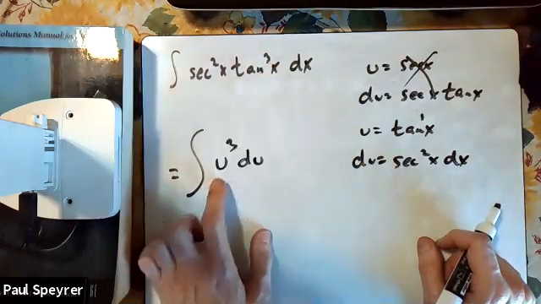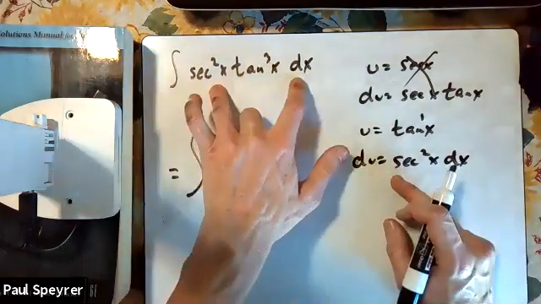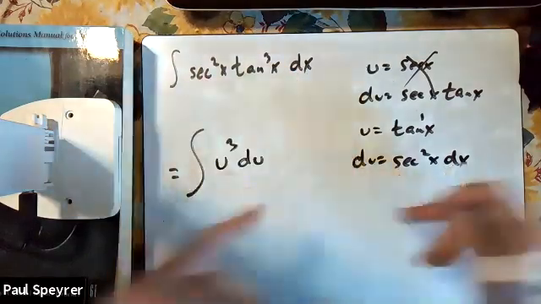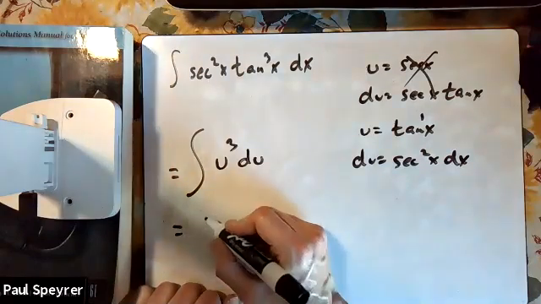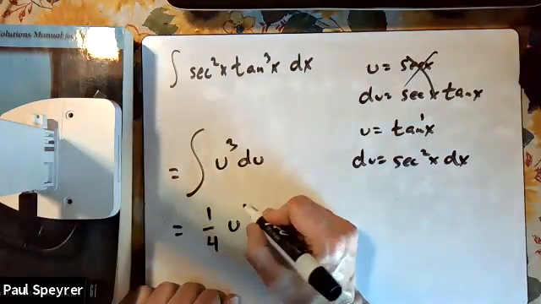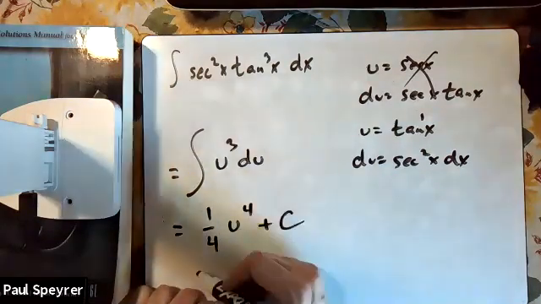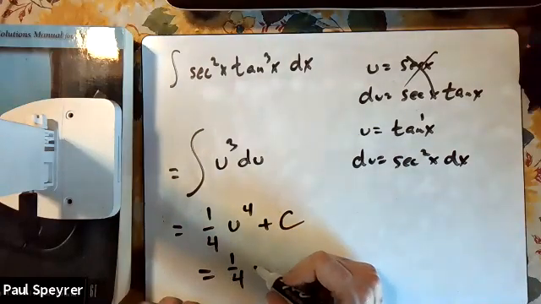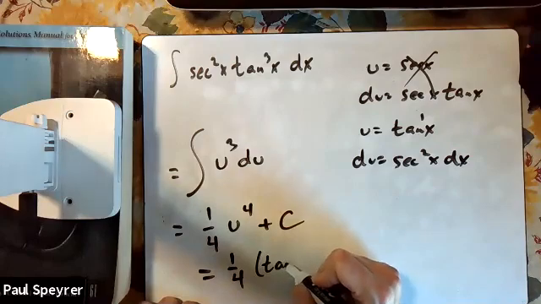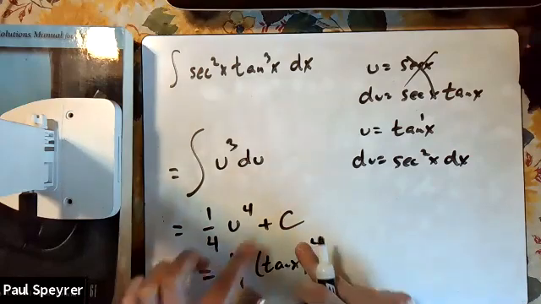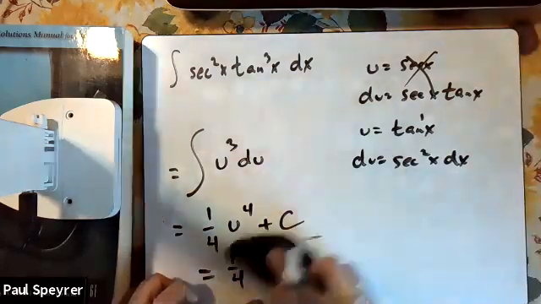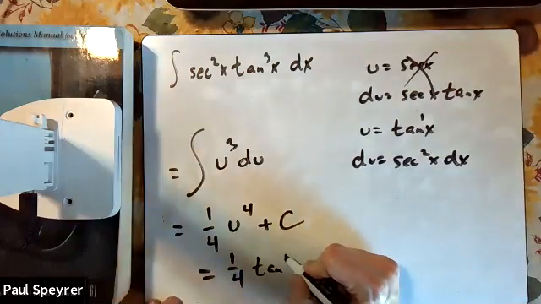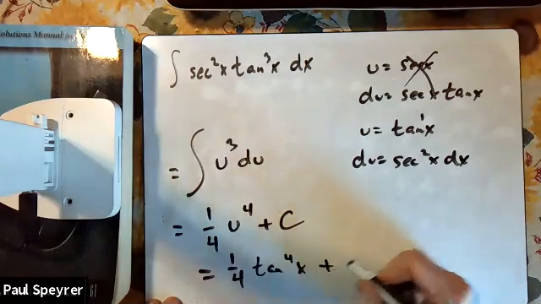If I have a cubed of it, it's u cubed. The du is the secant squared and dx component. So now we have something very straightforward to work out. This is just 1/4 u to the fourth plus c. And of course, we go back to x. This is 1/4 tangent of x to the fourth, or I'll say tan 4 of x, and then plus c.